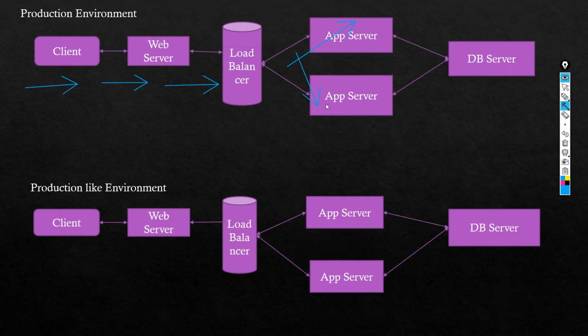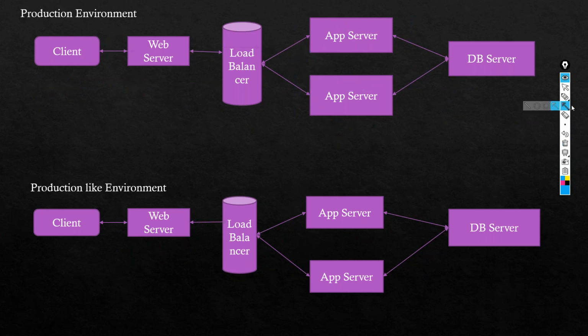If it is not equally distributed, any one of the app servers which is taking more load might crash. So depending on the hardware configuration, this load balancer will distribute the load equally. And the DB server is responsible for storing the data or handling the database things. So these are the components involved in the application architecture.